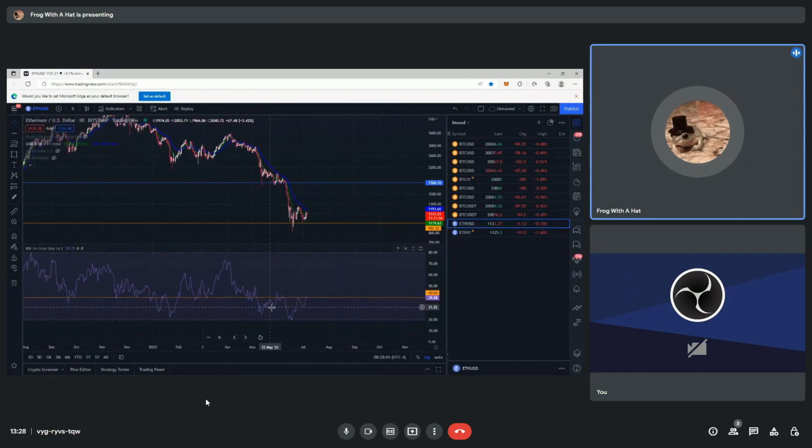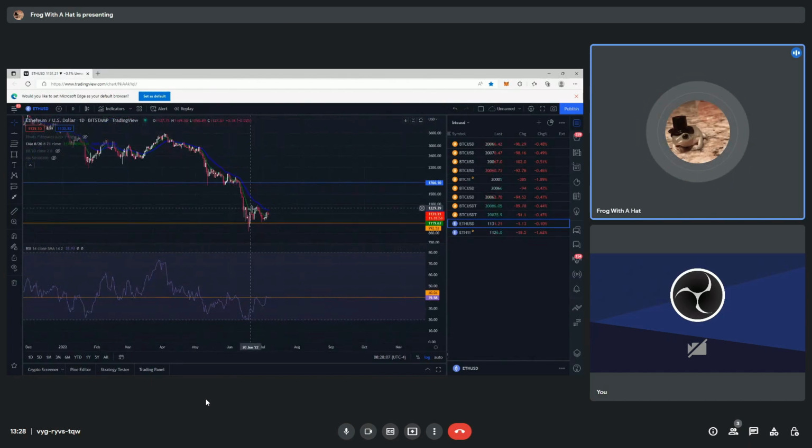First of all, let's start from here. You see how the RSI for Ethereum's daily chart keeps rejecting the 40 line. It's not really closing and starting an uptrend, which means there's still no buying momentum.